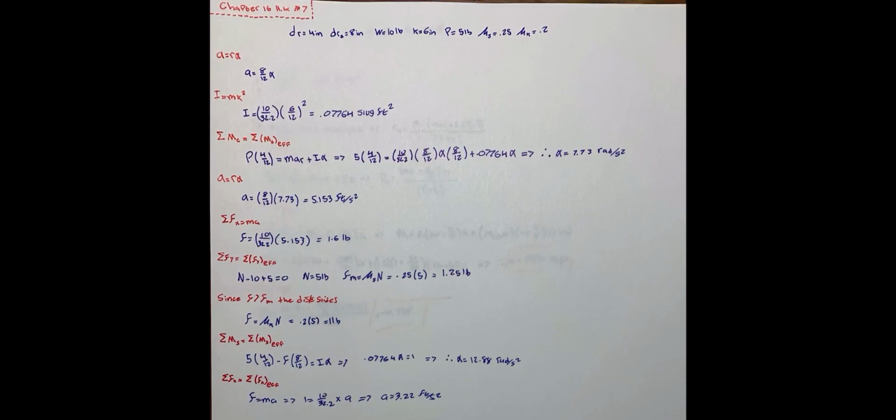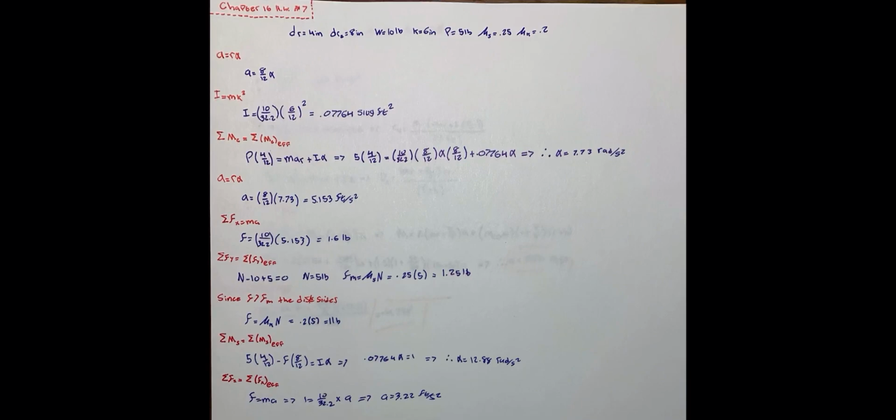Then we can just sum the forces in the x direction, and we get a force of 1.6 pounds. We can sum the forces in the y direction, and we can solve for a force of 1.25 pounds.